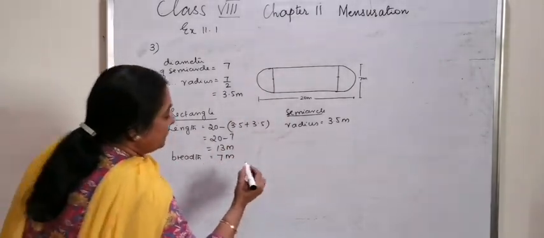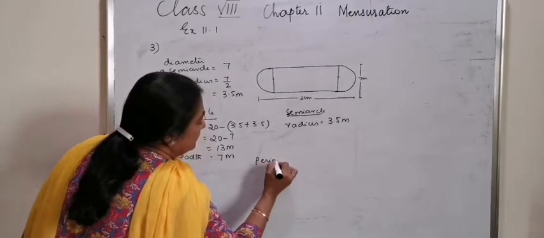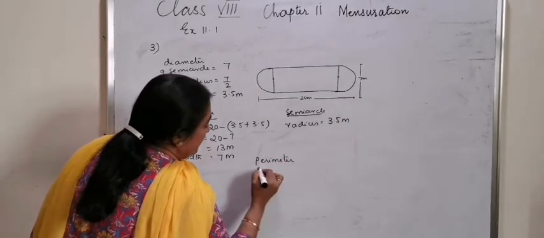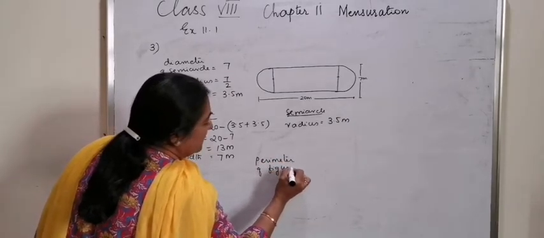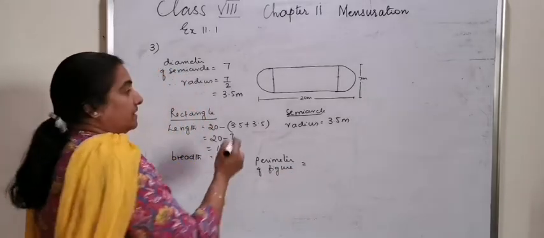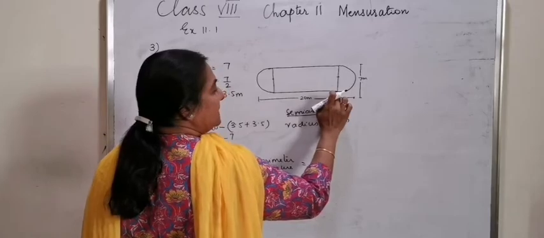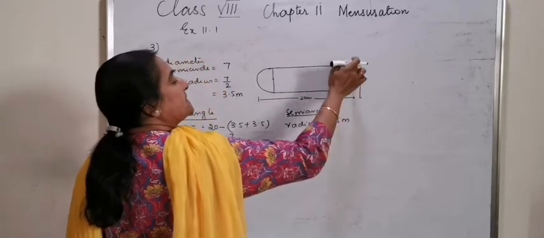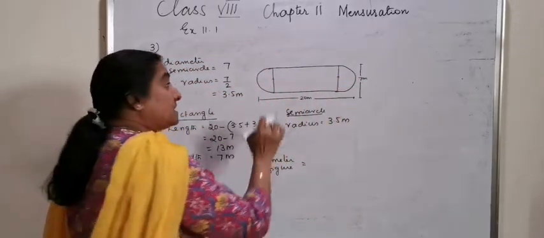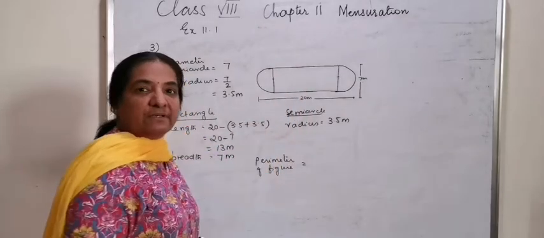And now for perimeter of the figure is equal to, you can see here, it is the length of the rectangle plus the circumference of a circle plus again the length of the rectangle.